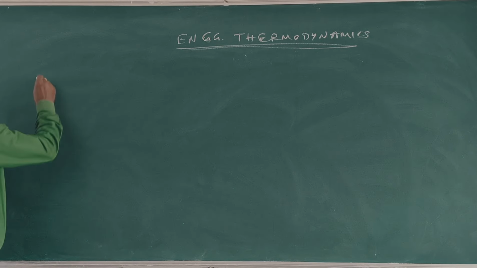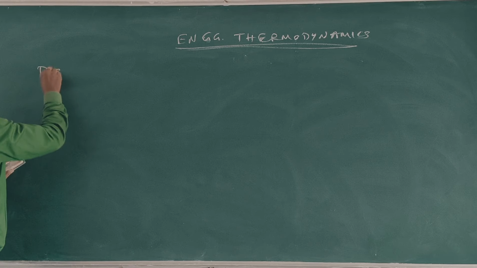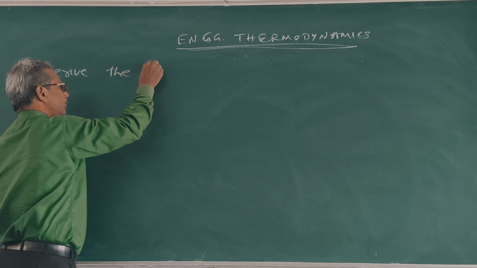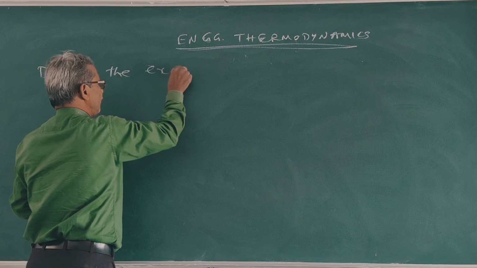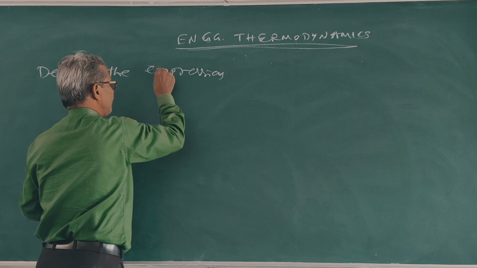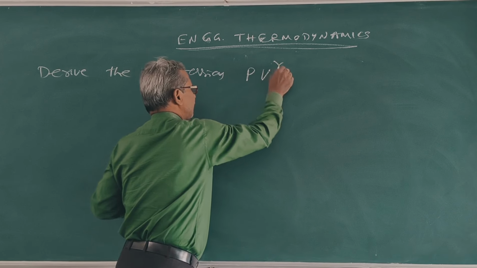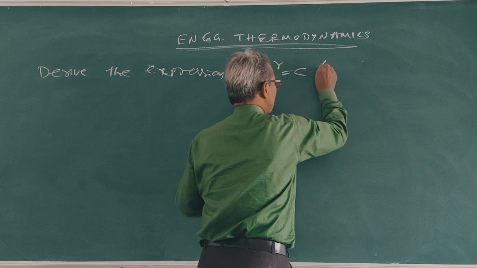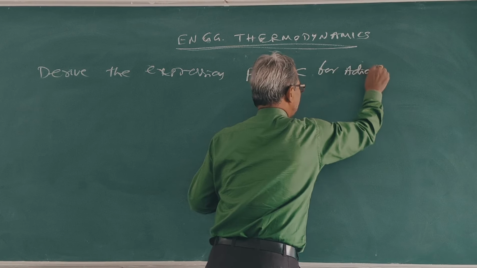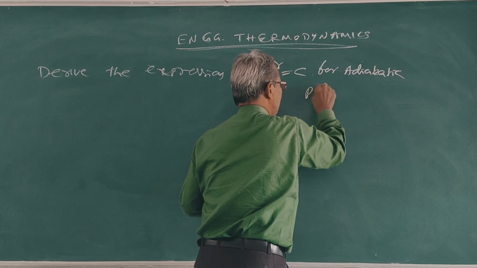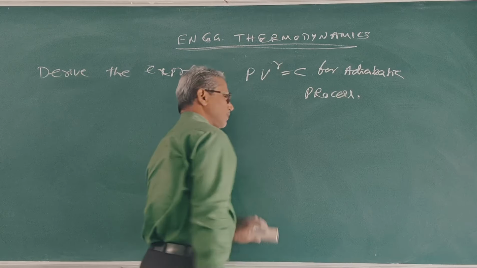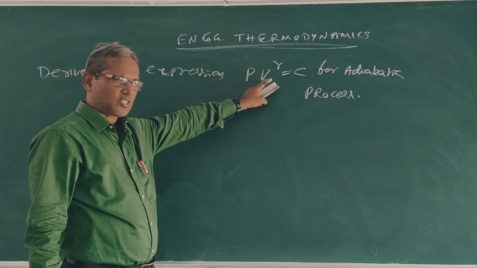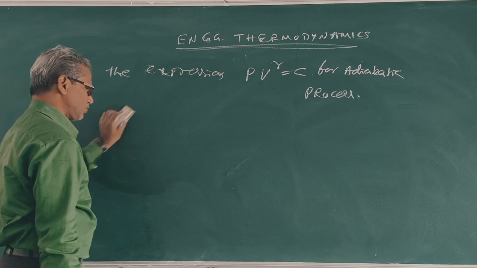Next, derive the expression PV to the power gamma is constant for adiabatic process. Clear? Very important question. 6-mark question.